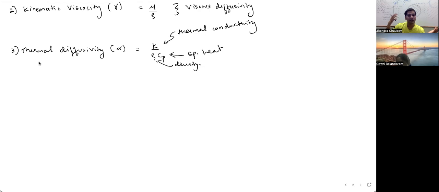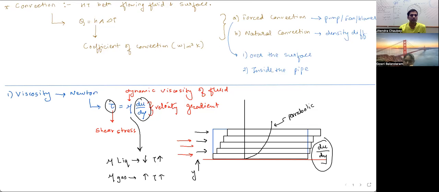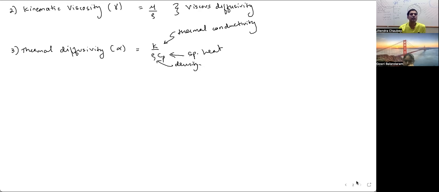Similarly, diffusivity reflects how easily heat is getting into the fluid, which transfers heat by convection. So we understood dynamic viscosity, kinematic viscosity, and thermal diffusivity.